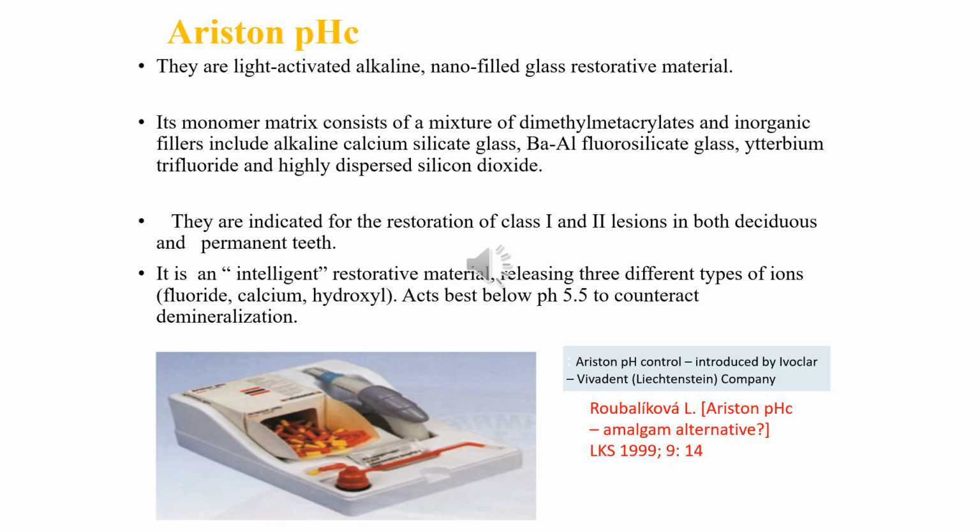These are called intelligent smart materials because they release not two but three different types of ions. Along with calcium and phosphates, they release fluorides, calcium ions, and hydroxide ions forming hydroxyapatite crystals.